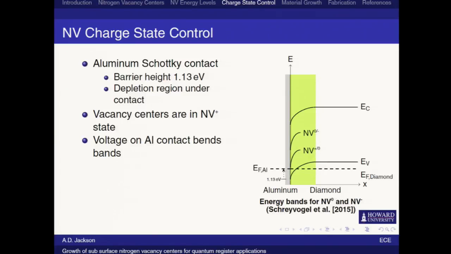Sure. And say germanium or silicon, they actually grow out in the hydrogen atmosphere because... Well, I'm not familiar with that, but certainly when you grow the diamond, it has to be in a hydrogen atmosphere.